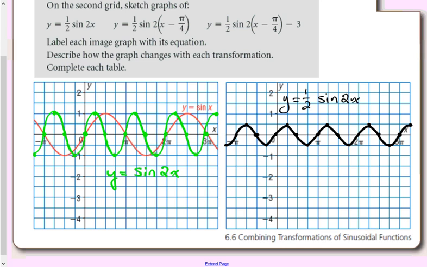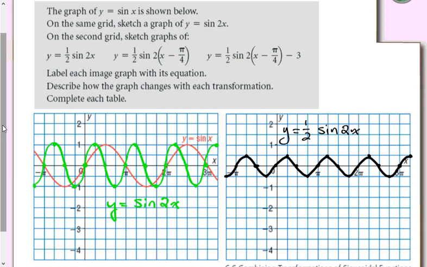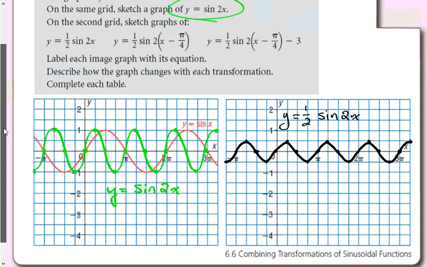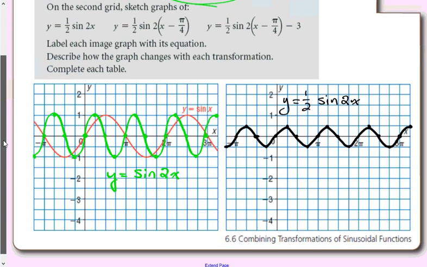Okay, so first, up here, we have that equation, y equals sine 2x, and that changes the period. So horizontal stretch by a factor of 1/2.